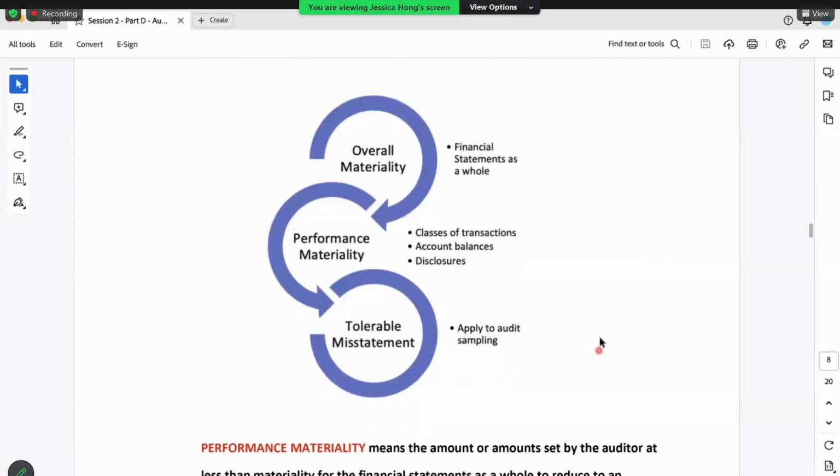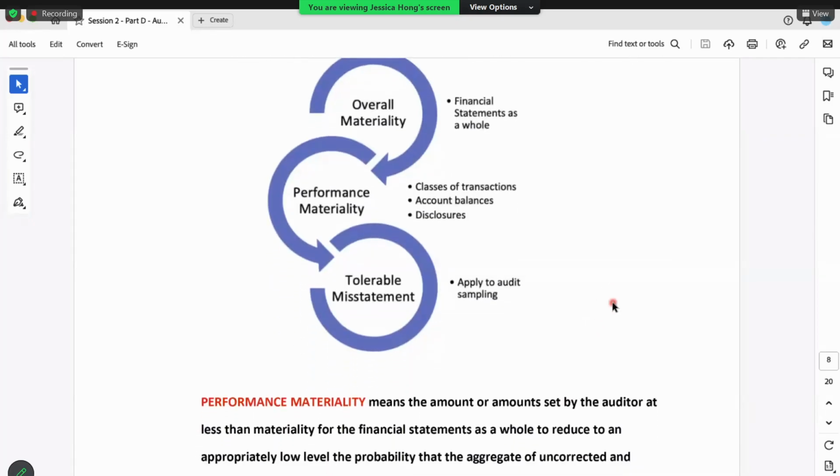Tolerable misstatement is set during our audit planning for audit sampling. During audit sampling, we need to give a directive to the auditor: based on the audit sample that you have, if there are differences, how big must the difference be for you to include it as a material misstatement. So we also set this tolerable misstatement during our audit processes.